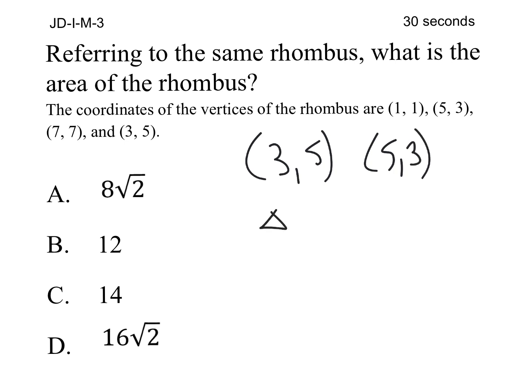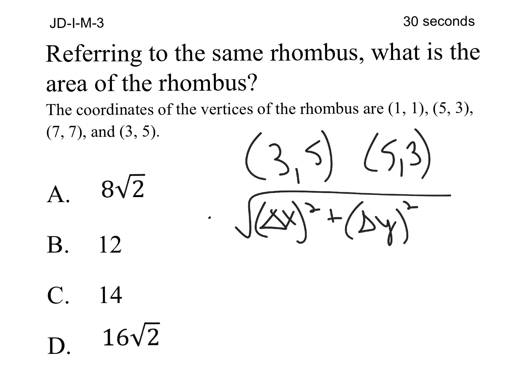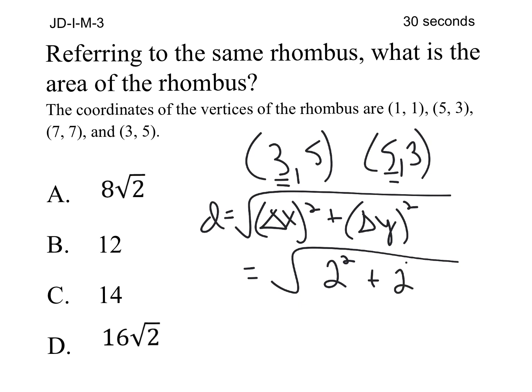So the x's, we go from 3 to 5 is a difference of 2. The y's, we go from 5 to 3 is a difference of 2. -2 if you want, but we're just going to square it anyway.